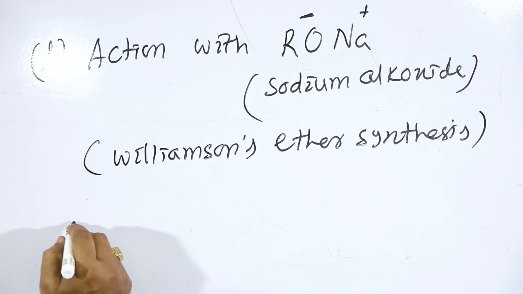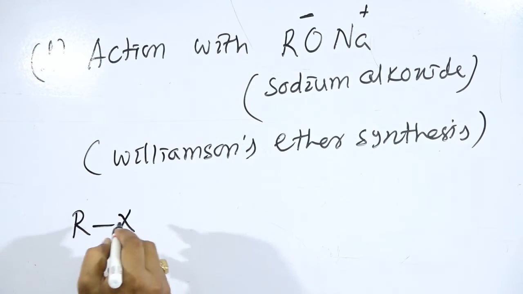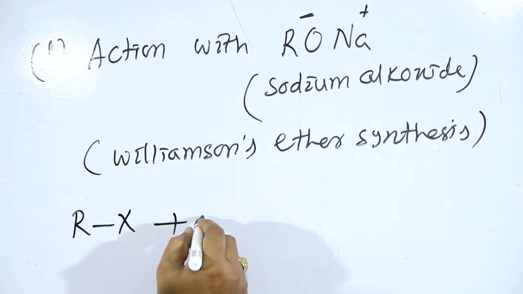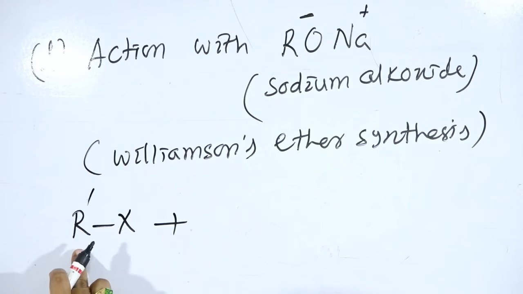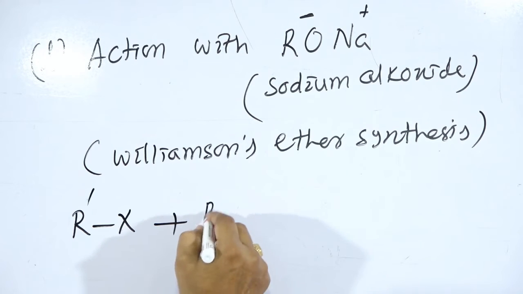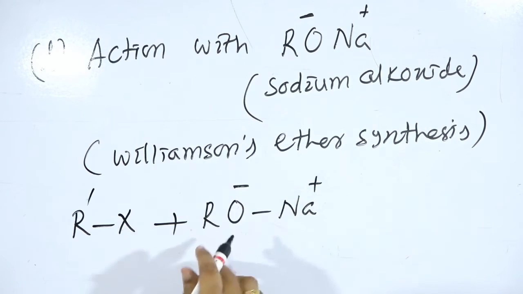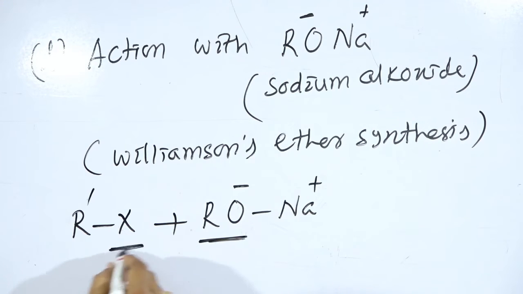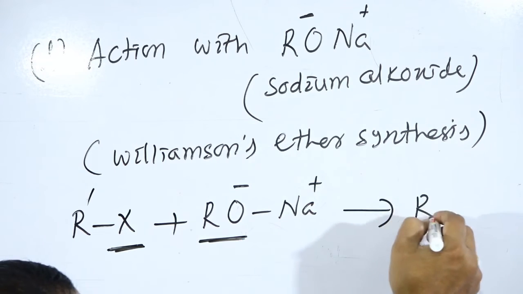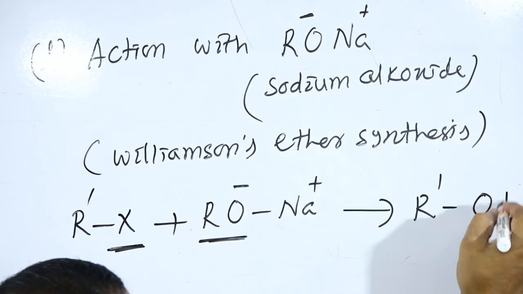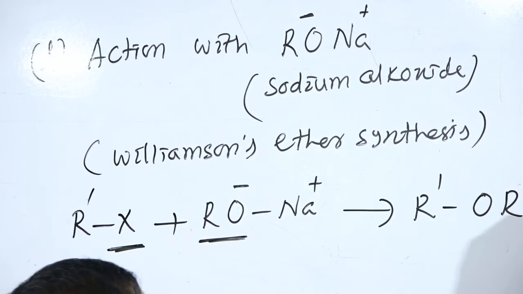So alkyl halide R-X is treated with RONa, Na plus RO minus. This is the nucleophile. The X atom gets replaced by RO minus, so there is the formation of R'-O-R plus NaX.